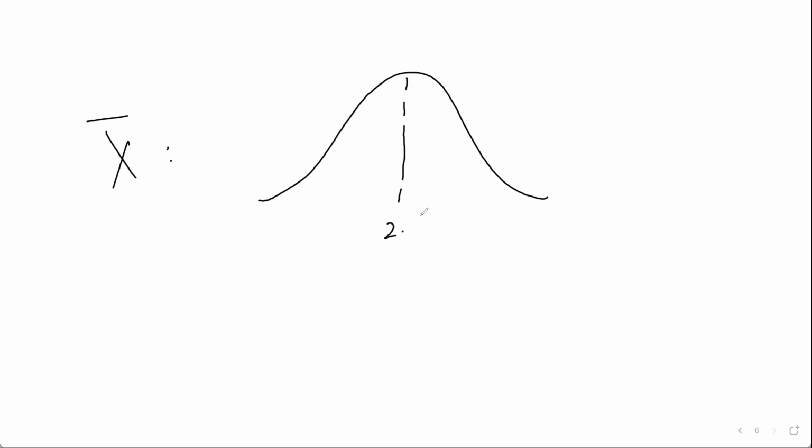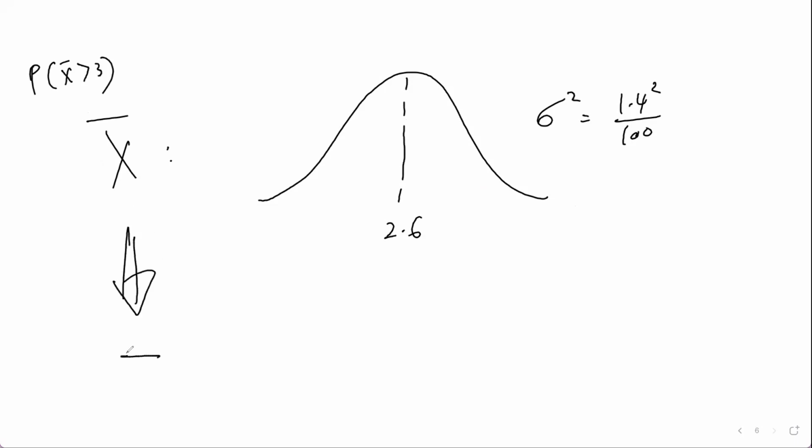So let's go for this. What is the distribution of x bar? The mean is 2.6. The variance is given. x bar is normal, so we need to find the probability that x bar is greater than 3. What do we do? We convert this to the standard normal distribution, which is what we learned last week.